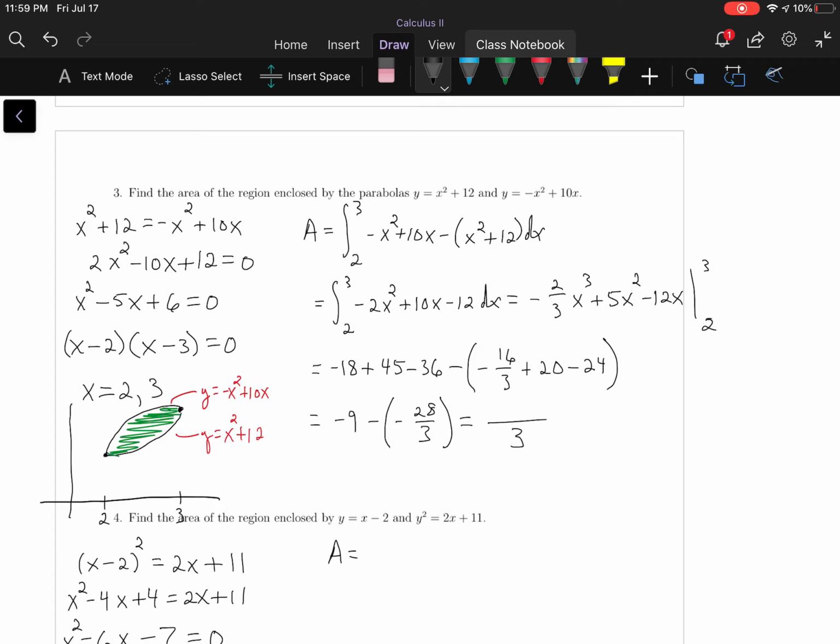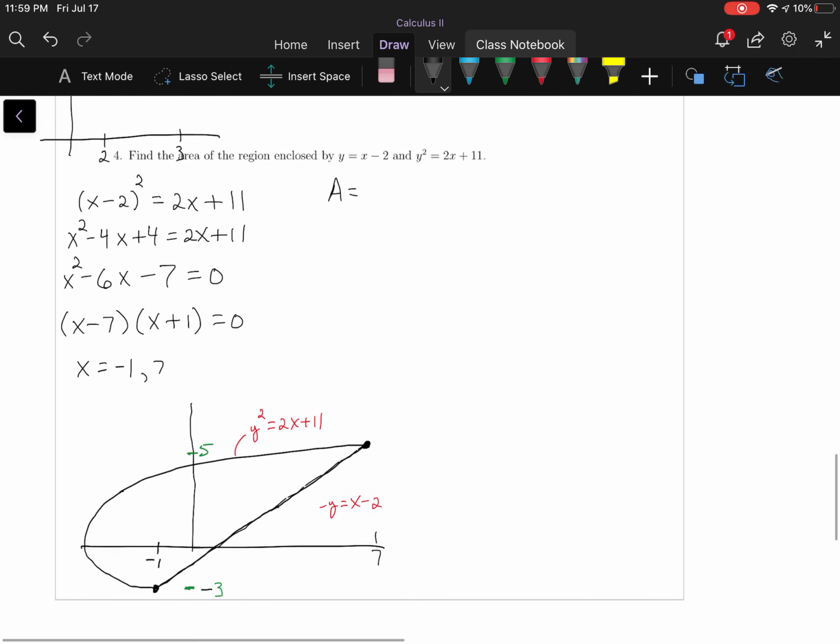So getting a common denominator of 3, that negative 28 is going to become positive with the negative sign outside. And the negative 9 becomes negative 27 over 3, which means our area is just 1/3.